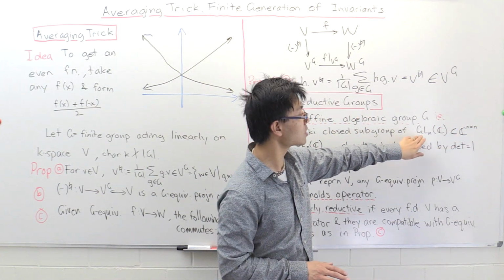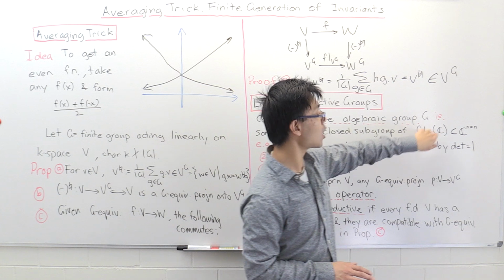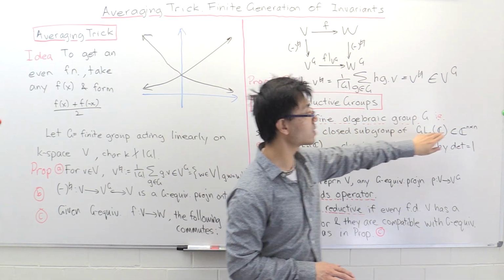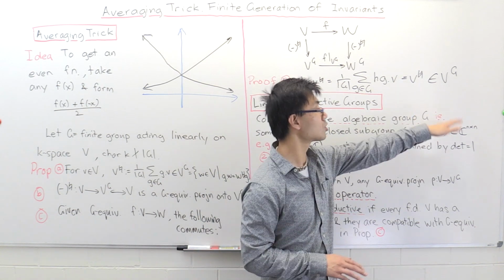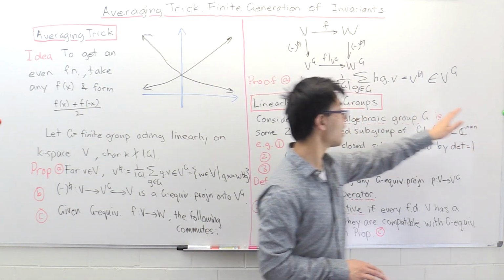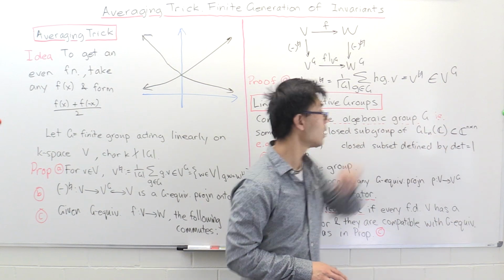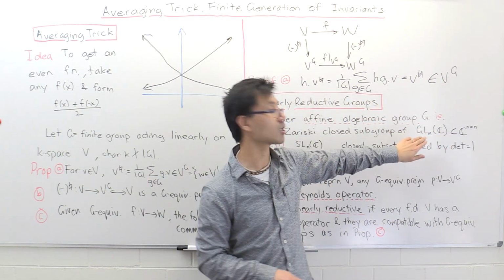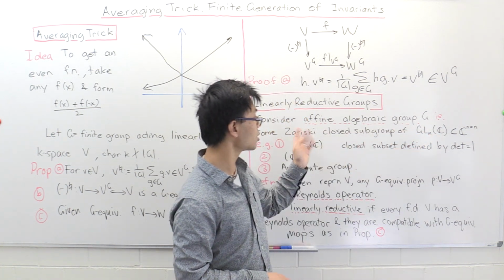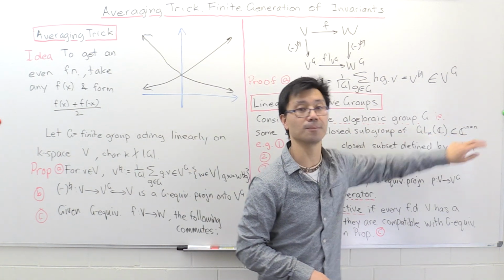And this is just some Zariski open subset of that, and it's the Zariski open subset where the determinant is non-zero. So we can look at this as an affine variety, and this is an open subvariety of that, and then we can ask for a closed subgroup of this group here, so a Zariski closed subgroup of this one here, which also just means it's Zariski closed inside here.